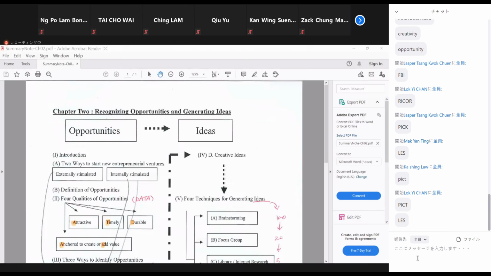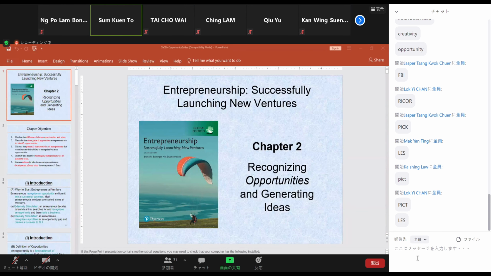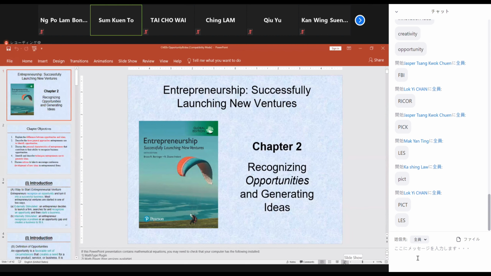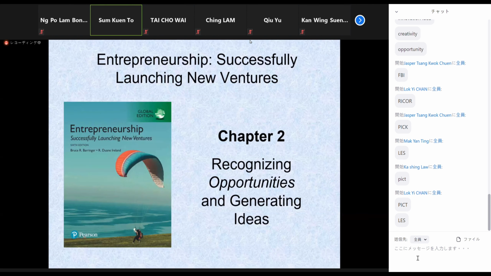Okay. I suppose you are now seeing the PowerPoint slide talking about chapter 2, and as I explained a few minutes ago, the title of this chapter is divided into 2 parts. Number 1, opportunity. You first of all need to recognize opportunity, and then when you have opportunity, the chance has come.